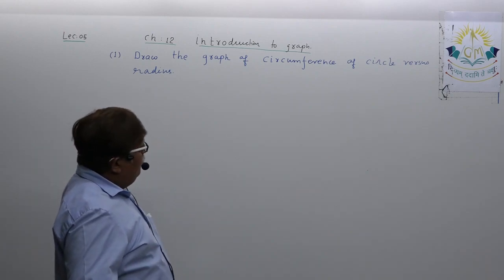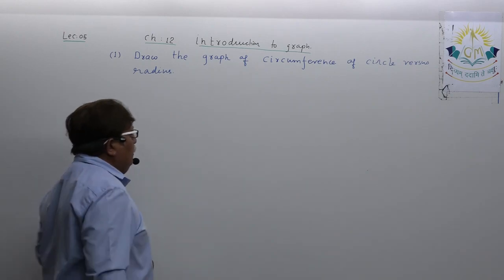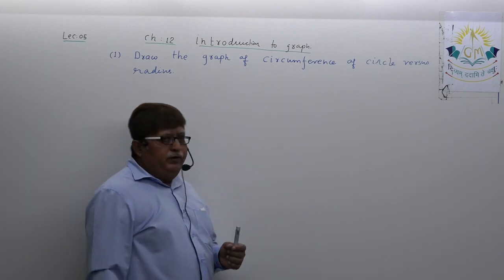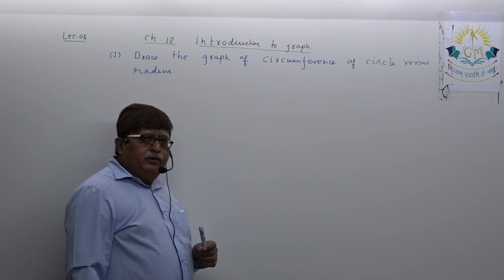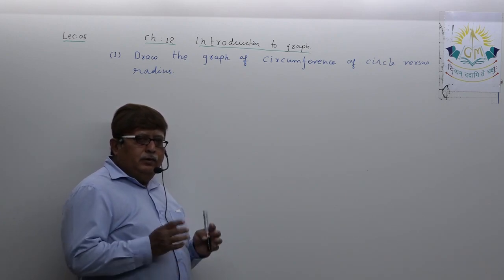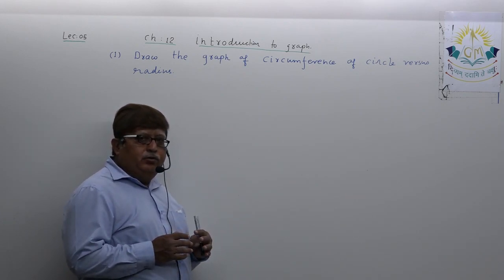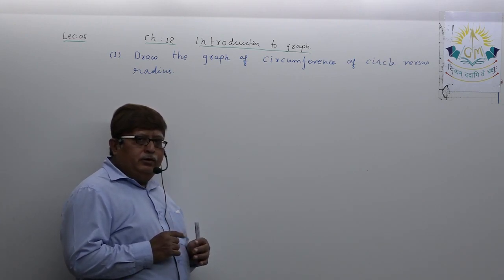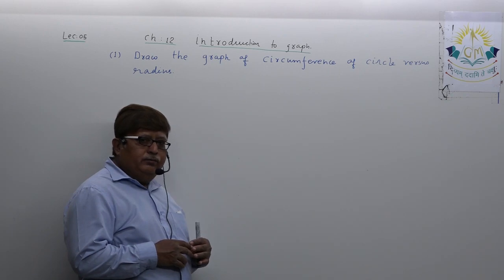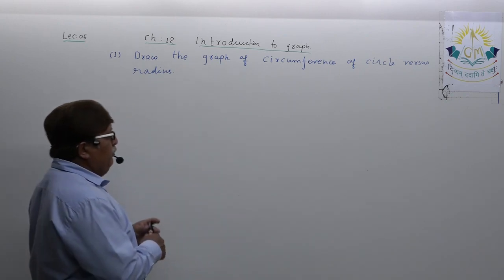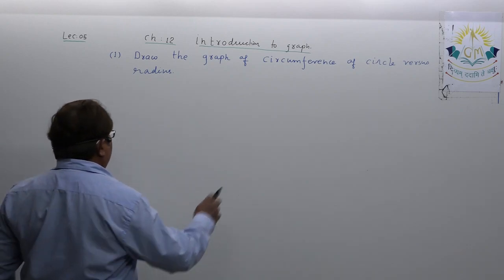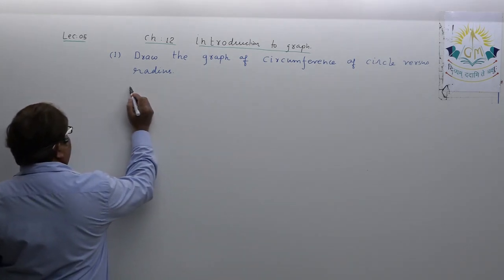See, the very first thing, just read the question and find out the two variable quantities: one, circumference of circle, another, radius of circle. We will suppose both of them in this way.